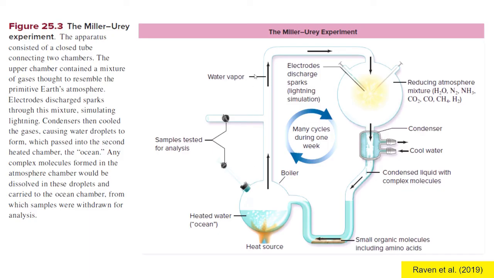Now, this water returns to the boiler, and this cycle was repeated for one week. So they boiled the water, allowed the water vapor to enter the gas chamber, the water vapor was condensed or cooled, and then the condensed liquid went down with some small organic molecules and returned to the ocean, into the liquid chamber. So what did they discover?